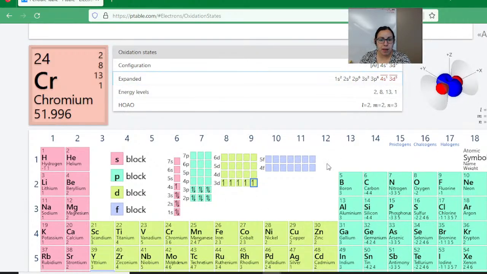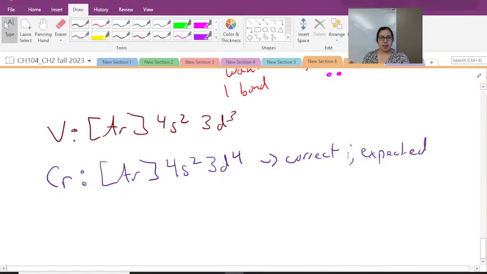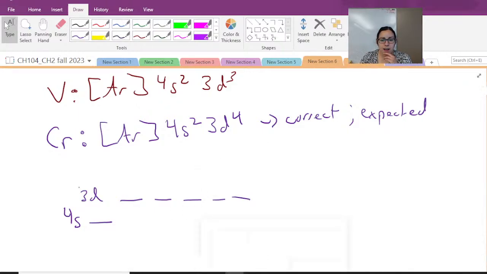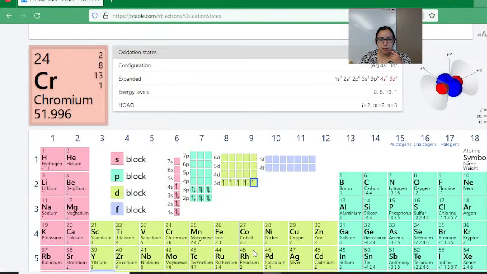Again, this goes back to how close the 4s and the 3d are. If we write it out in our other diagram, 4s, 3d, they're very close in energy. And that's the other thing that happens as you go along.